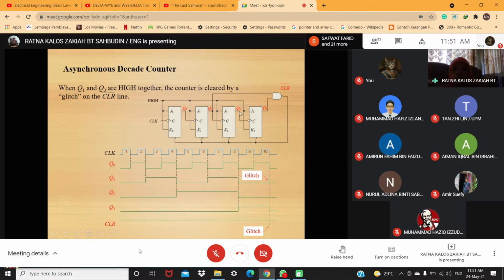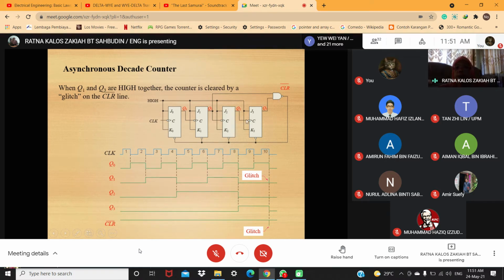And then you look at Q2. Q2 is referred to J2 and K2, also always toggle. And then the clock looks at Q1. So this is the Q1, negative edge is here. So you have low and then high, okay, and low.